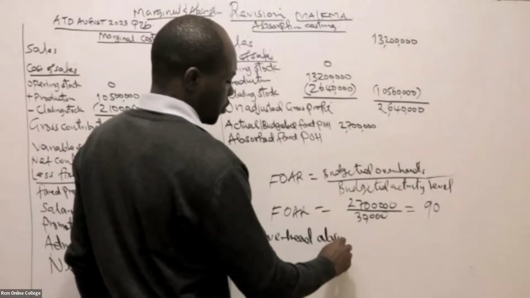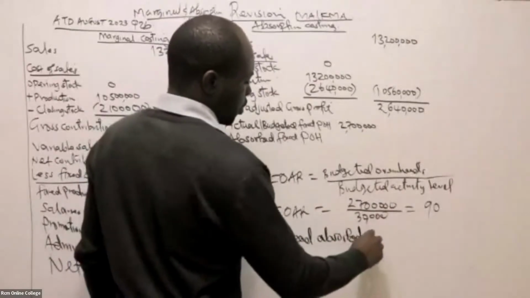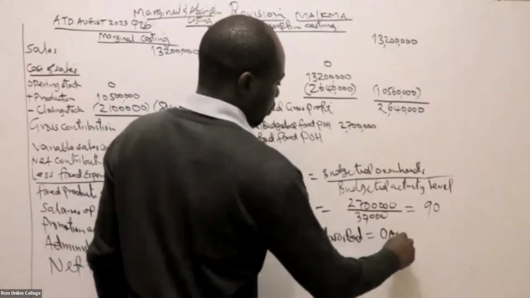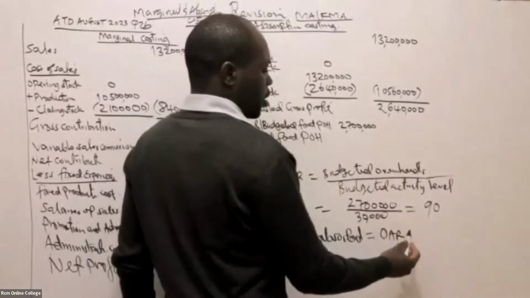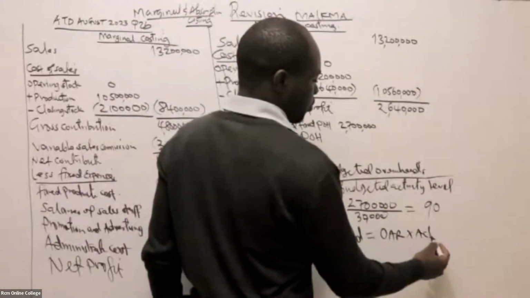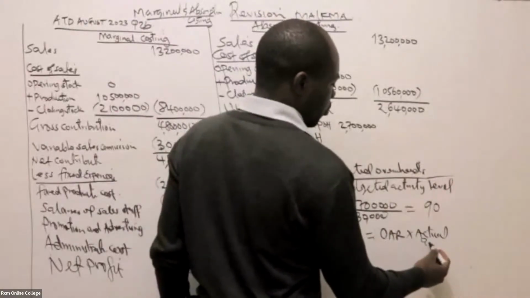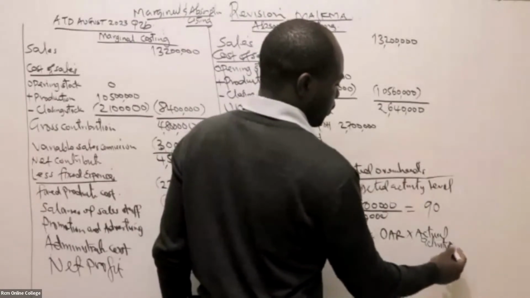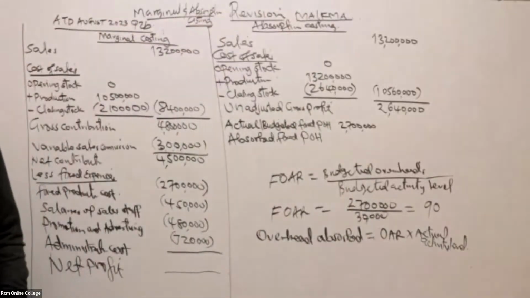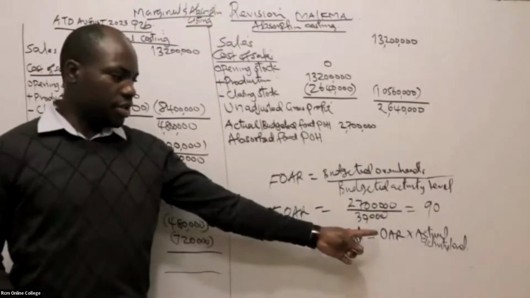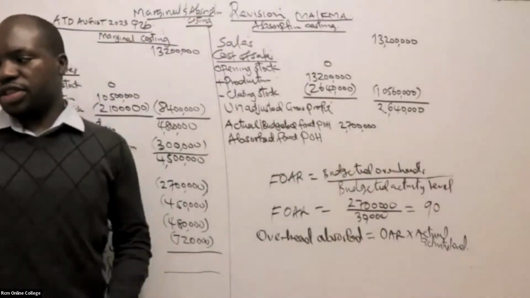Overheads absorbed is equal to the overhead absorption rate times actual activity level.